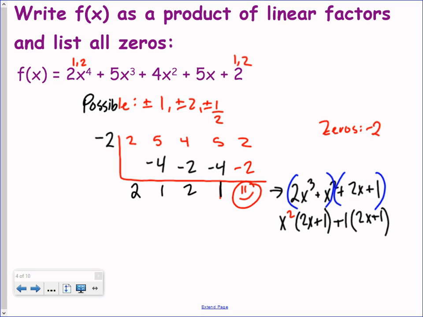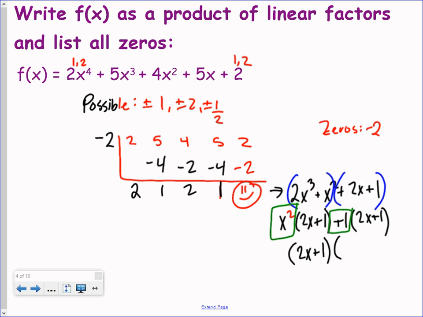Now, the factor by grouping method only works if those two parentheses that you get are exactly the same. Since they're both 2x plus 1, I can say that that is one of my factors, 2x plus 1, and my other factor is made up of the coefficients, the x squared plus 1. We've talked about this before.